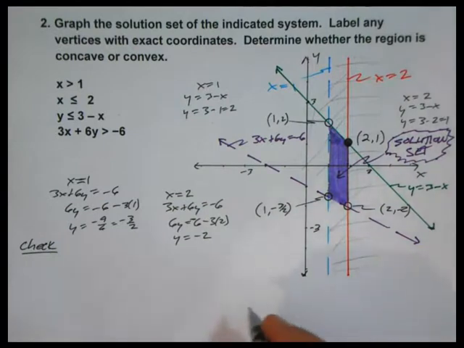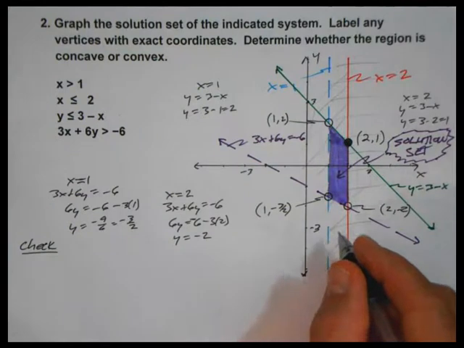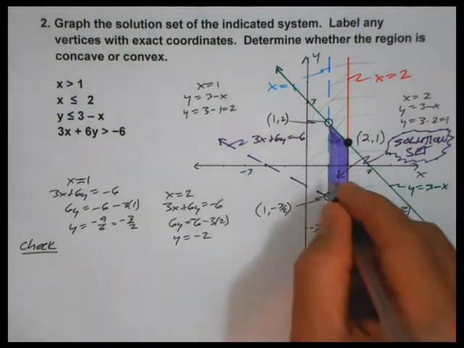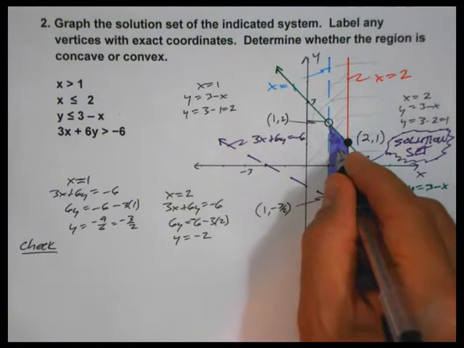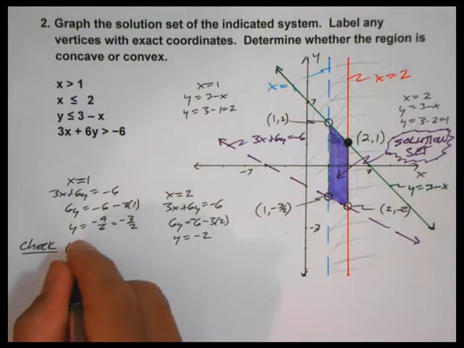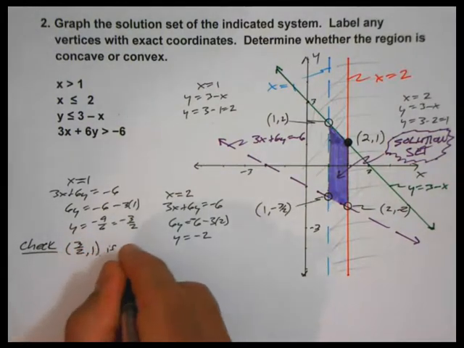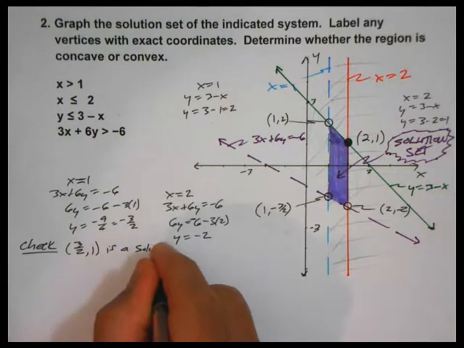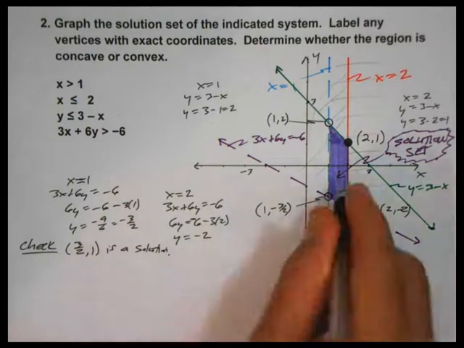Well, we could select some point that is clearly in the shaded region. Let's see here. How about we go up? Let's see, 1, 2, 3 halves, and maybe come up 1. That's surely in the region. So the point 3 halves, 1, is a solution, or at least we are claiming so by our graph here.